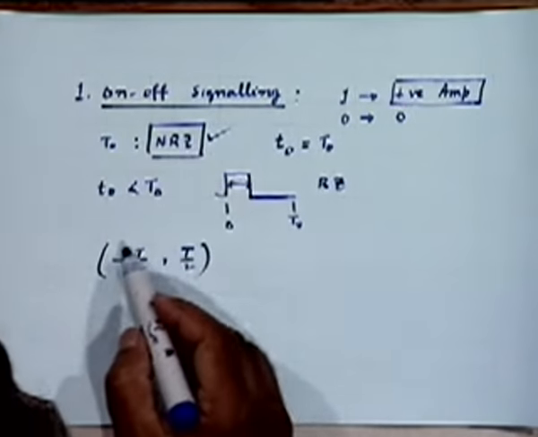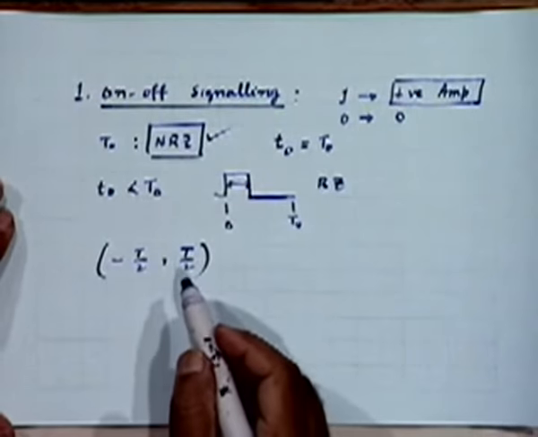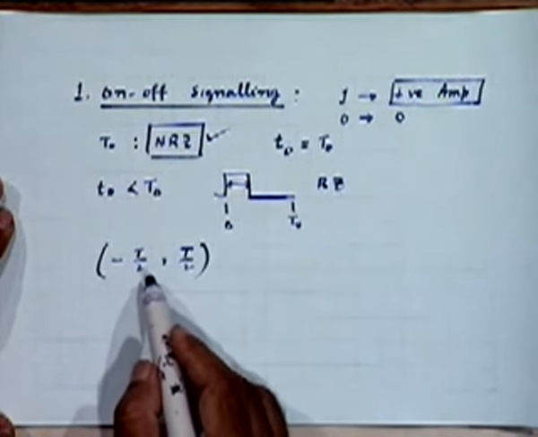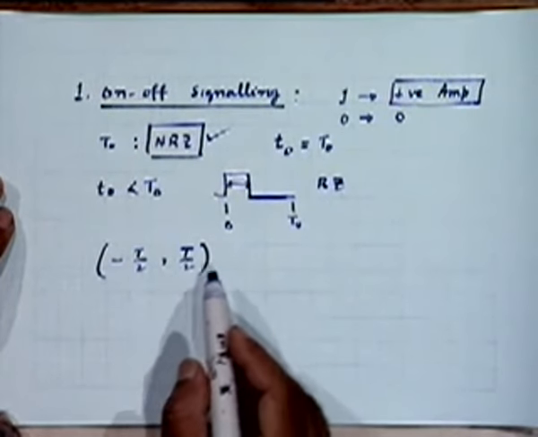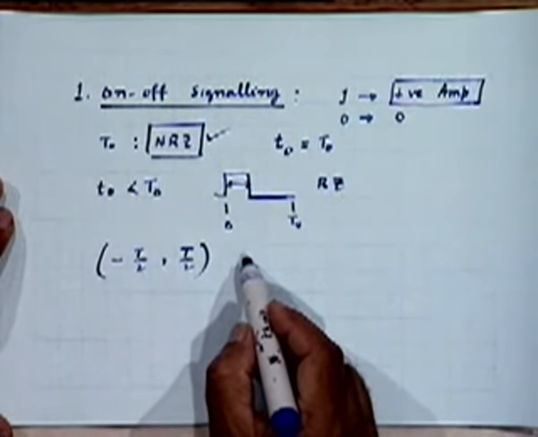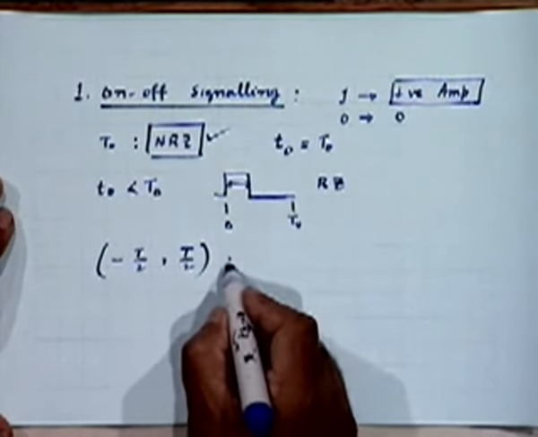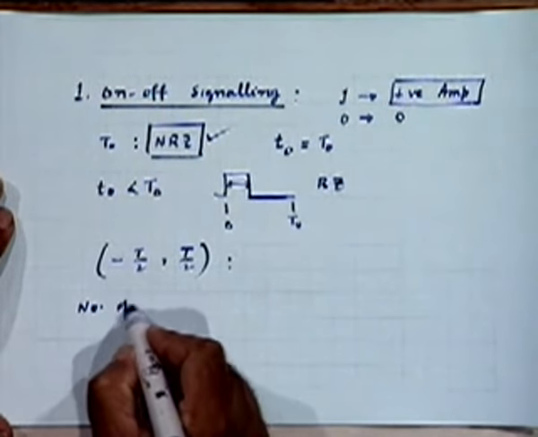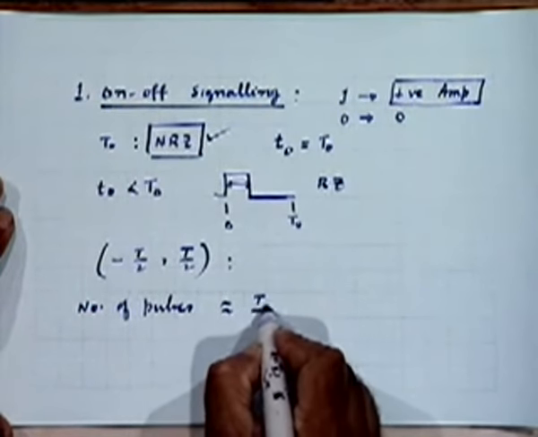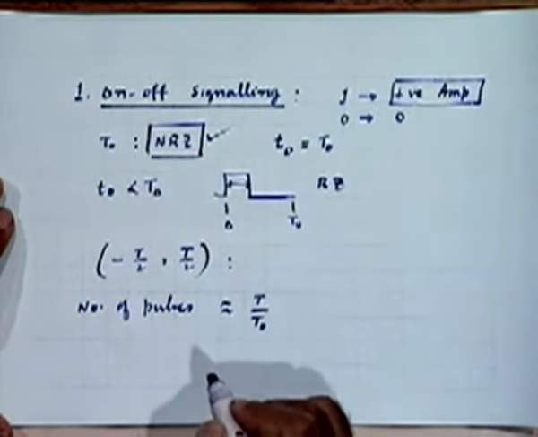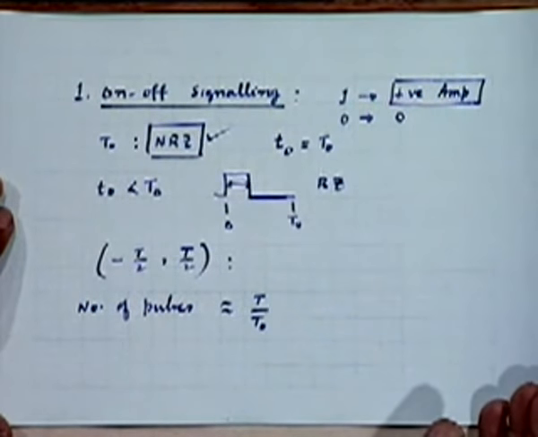Let us first try to understand what kind of properties we will get for a sequence of unipolar pulses in this interval. First of all, how many pulses you are likely to get in this interval if T is sufficiently large? The number of pulses in this interval is of the order of T upon T0. A new pulse is coming every T0 seconds at the data rate.